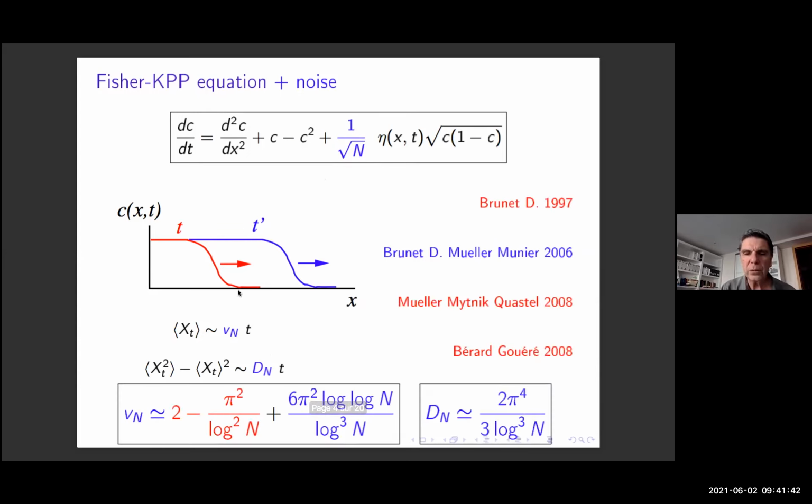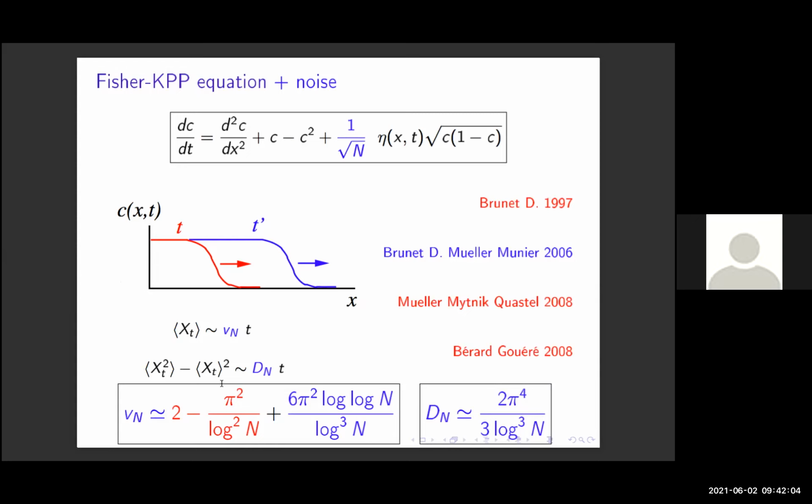The answer that we had is the following. For the velocity, the first term is, I hope you can see the bottom of this slide, is it visible, the formulas down there? Yes, okay.